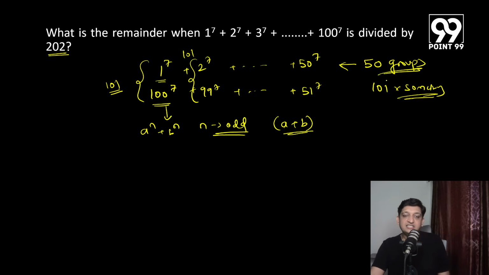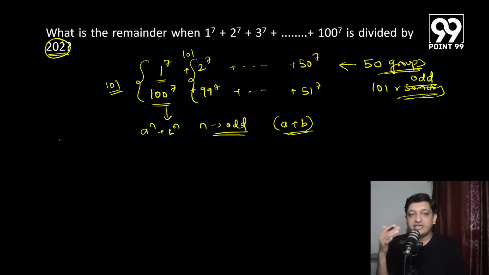The second thing we have to understand is that if we are adding 1 raised to 7 and 100 raised to 7, it is an odd number plus an even number, which is going to be an odd number. So we can say that it is 101 into an odd number. But there are 50 such groups, which basically means if you remove 101, you will be multiplying it by an even number, which will ensure that it is divisible by 202.